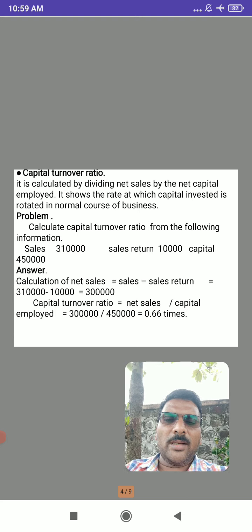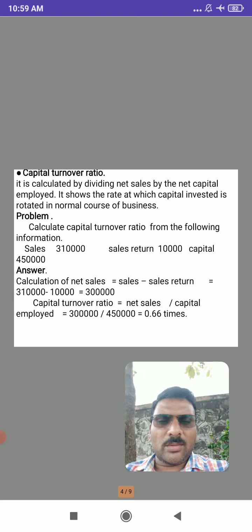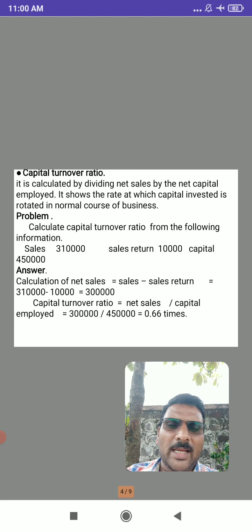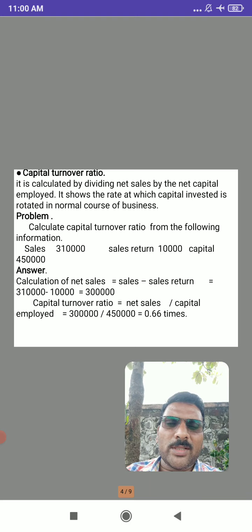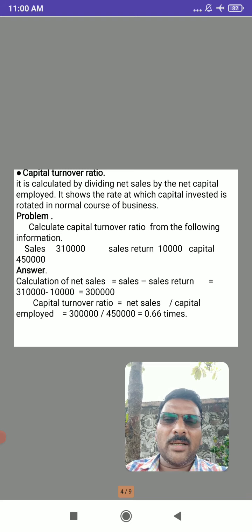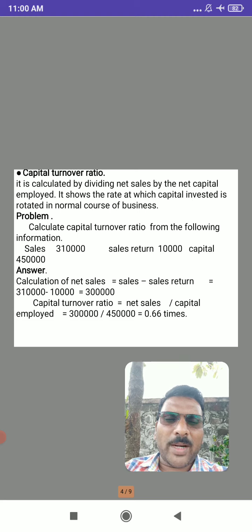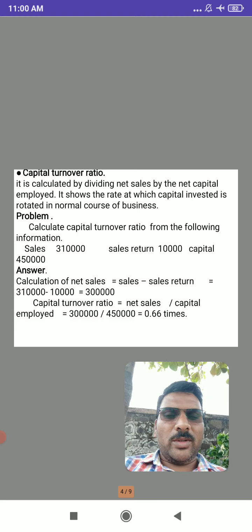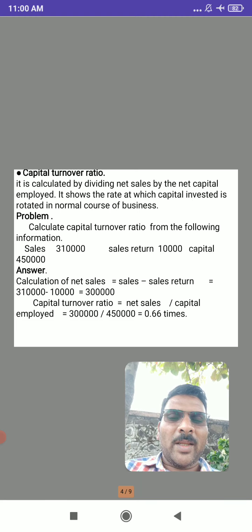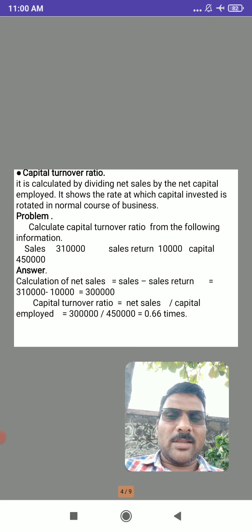Therefore, if we take the two values, net sales as 3 lakh and capital employed as 4,50,000, we get the capital turnover ratio, meaning the capital is rotated in the normal course of business 0.66 times. So it is very clear that 0.66 times the capital is rotated in the business.